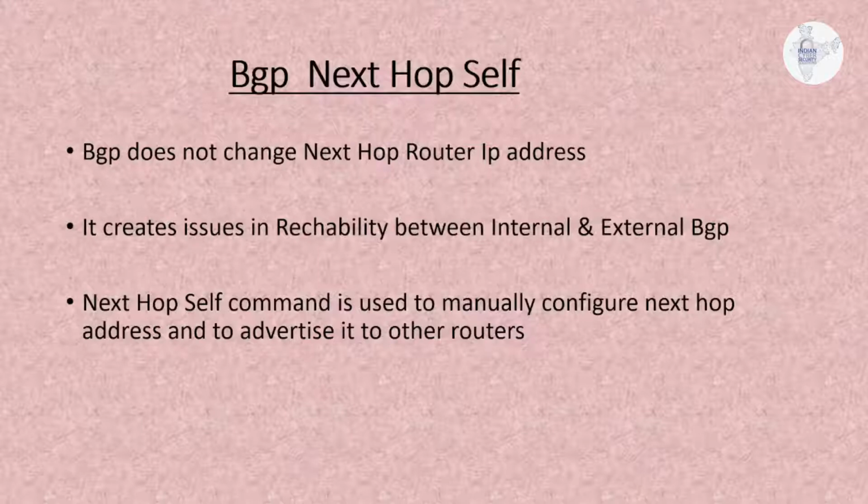So the next-hop-self command has to be configured manually on that upstream router to advertise itself as the next hop to the other routers. We'll do it practically and see it a bit later.